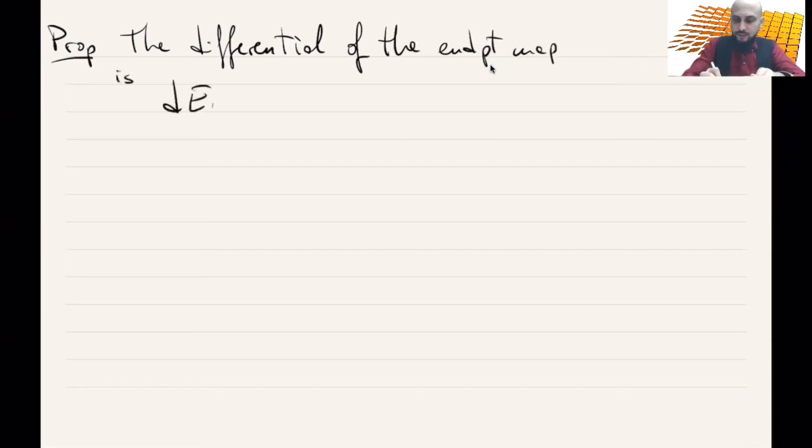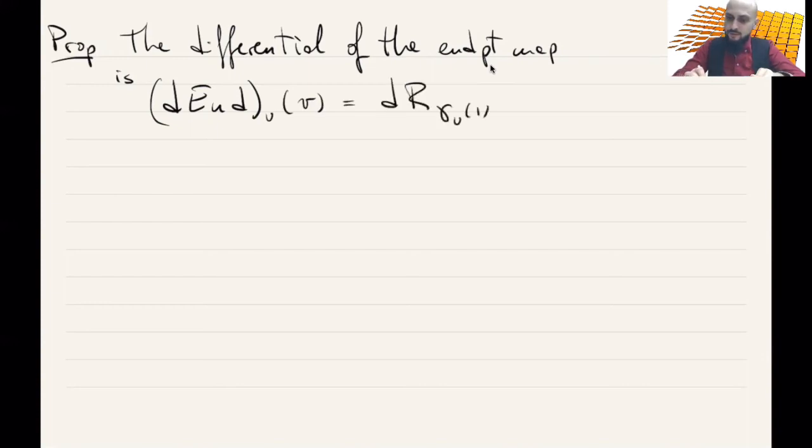The differential at a point U in the direction of V is the differential of the right translation at the identity, evaluated at the vector that is given by the integral between 0 and 1 of the adjoint of gamma U of s, times V of s, ds.